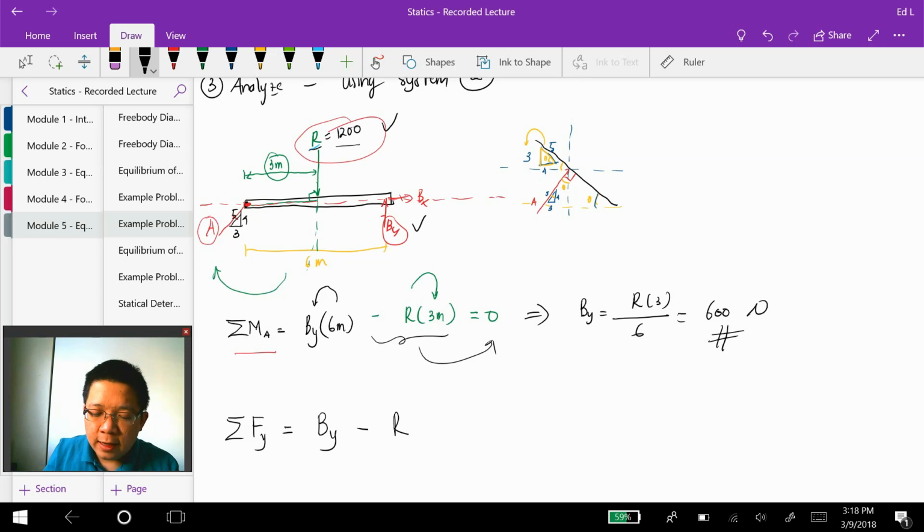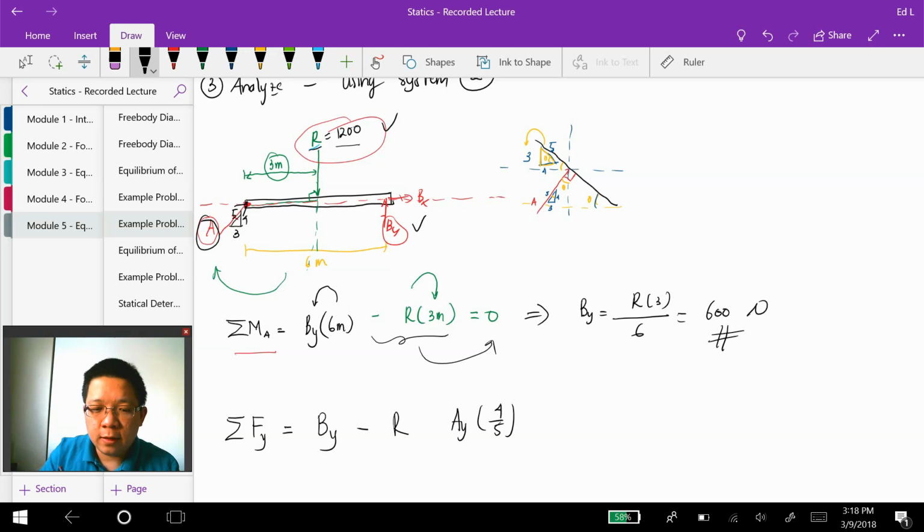Then the Y component of A is going up, based on our assumption here. Then AY times 4 over 5.